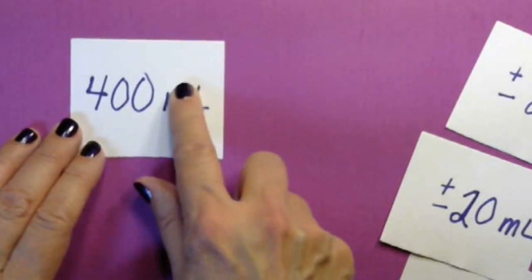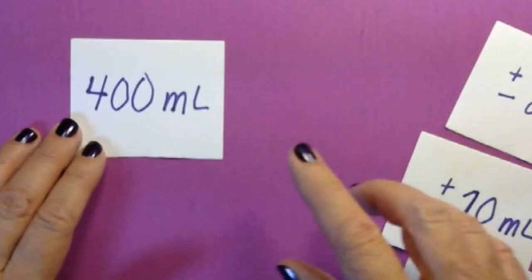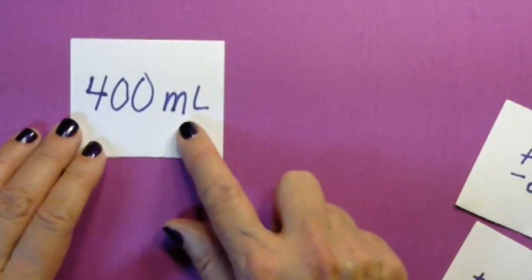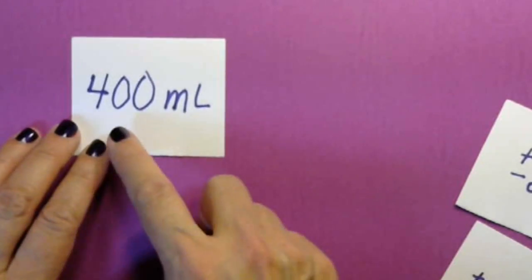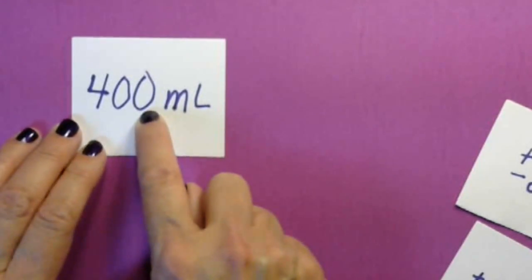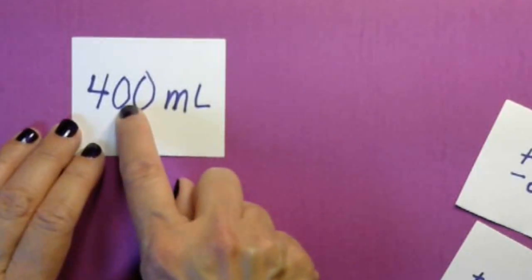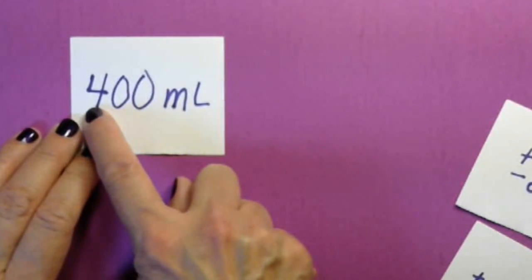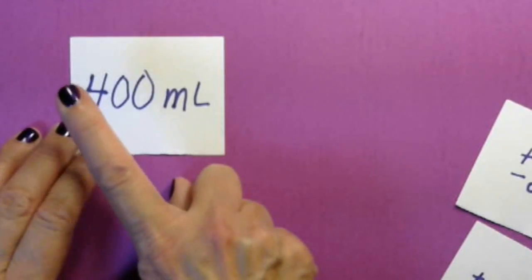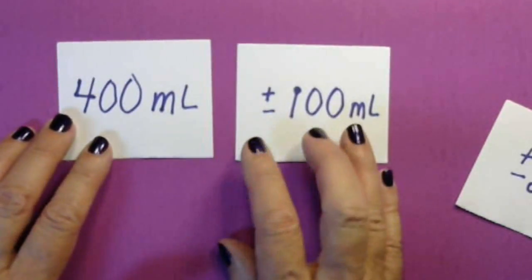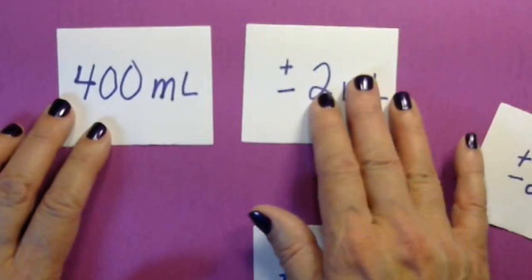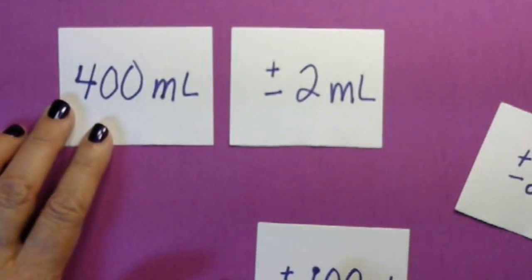So unless we get more information written down from your lab notebook or someone else's lab notebook, we have to take the worst case scenario. So it could be plus or minus something here, plus or minus something here, or plus or minus something here. I don't know. So we have to assume the worst case scenario, that it's plus or minus something in the hundreds place, not necessarily plus or minus something in the ones place.